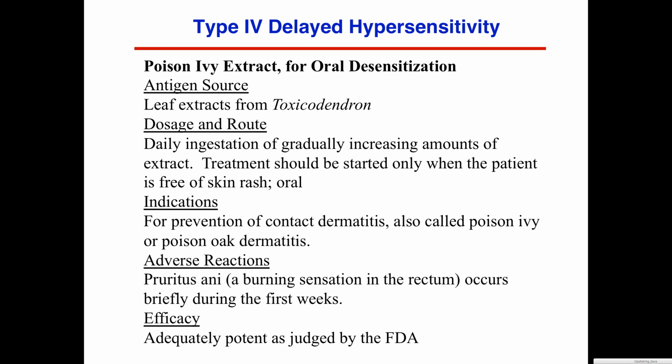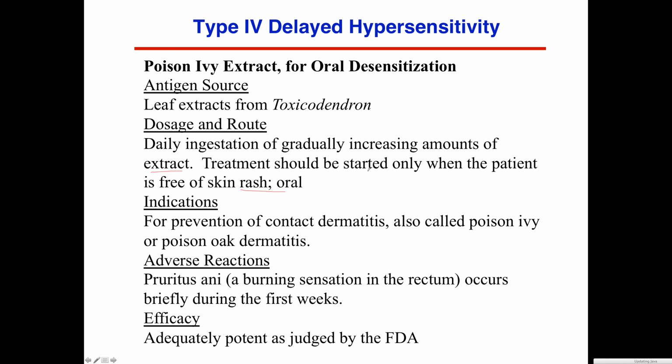You can also do desensitization. There is a desensitization that can occur, and this is an oral desensitization in which you basically ingest small amounts of the extract. In this case, it's an extract from poison ivy, and the treatment should be started only when the patient is free of the rash, and it's usually escalating doses. Small amounts are given, usually in a pill form, and then you gradually get escalating doses.